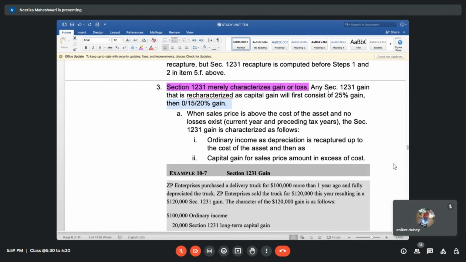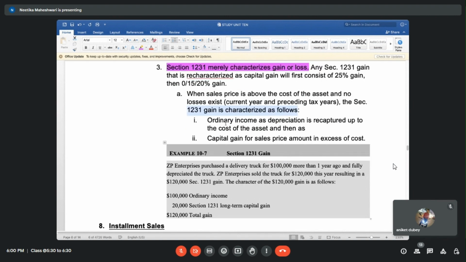With section 1231 gain, first we have to consider what goes in the 25% bracket and then the others. When the sale price is above the cost of the asset and no losses exist in the current year or preceding years, assuming no other complication, then section 1231 gain is characterized as ordinary income as depreciation is recaptured, and capital gain for the remaining amount.